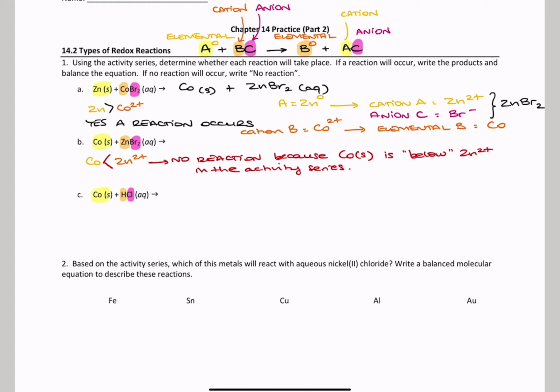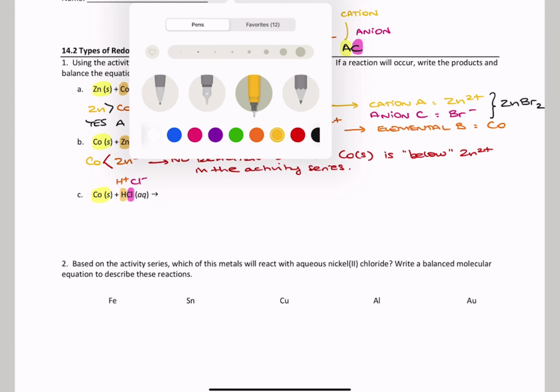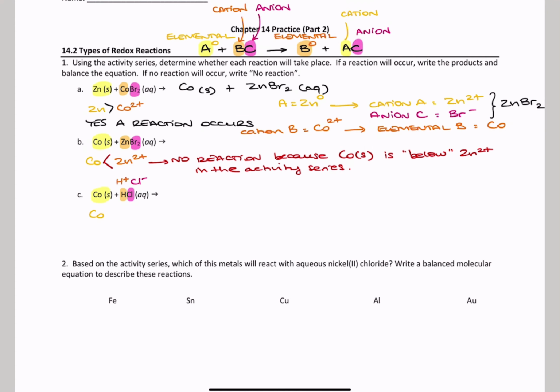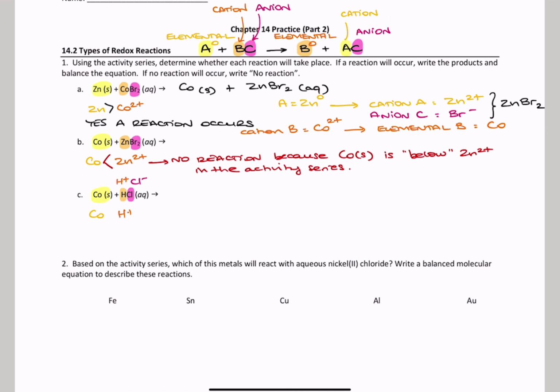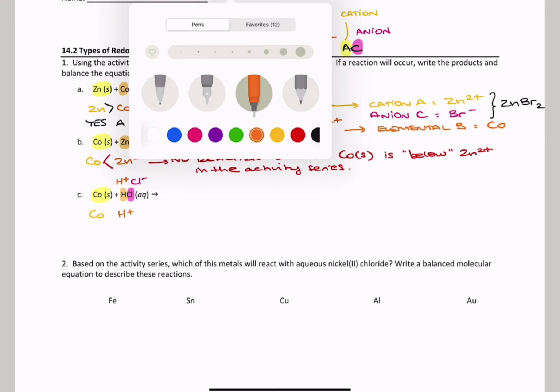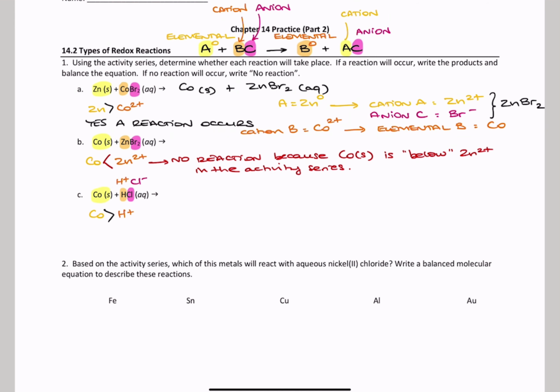It actually ionizes when placed in water, and therefore when placed in water, we get the H plus cation and the Cl minus chloride ion, okay? In the activity series, we'll need to compare the cobalt and the H plus, and if you look at this on the activity series, you will notice that cobalt is above H. Therefore, here again, yes, a reaction will occur.